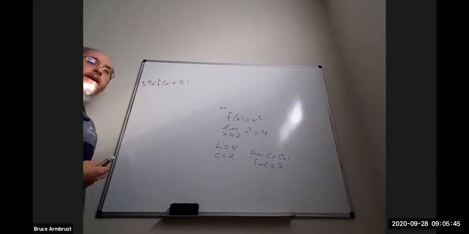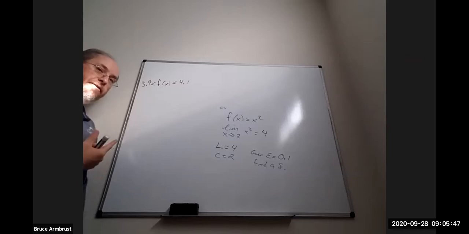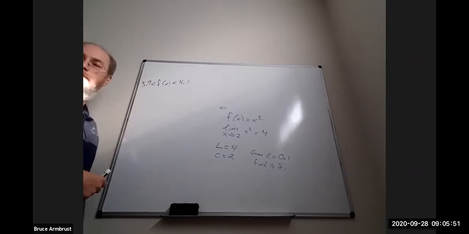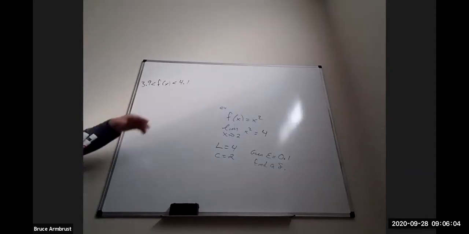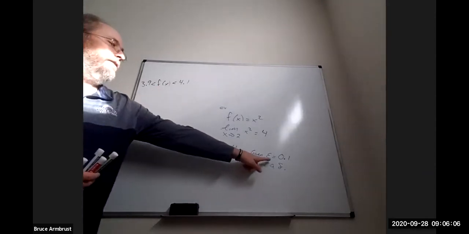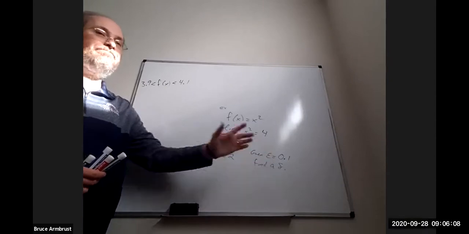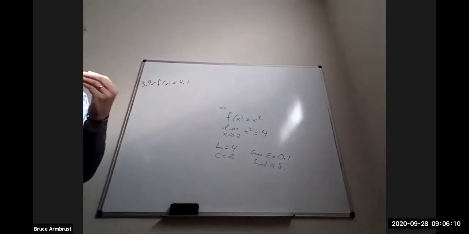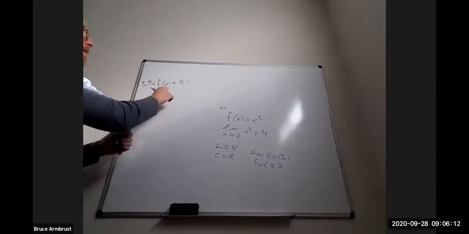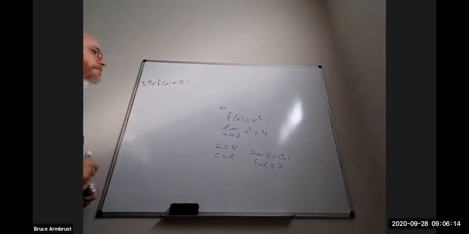So before I move on, are you all good with how I have 3.9 and 4.1? I'm going to take no comment as, yeah, we're okay with that. Because all I'm doing is going plus or minus that epsilon. I need to be that close. I'm going to be within plus or minus 0.1. So I just went up 0.1 and down 0.1.